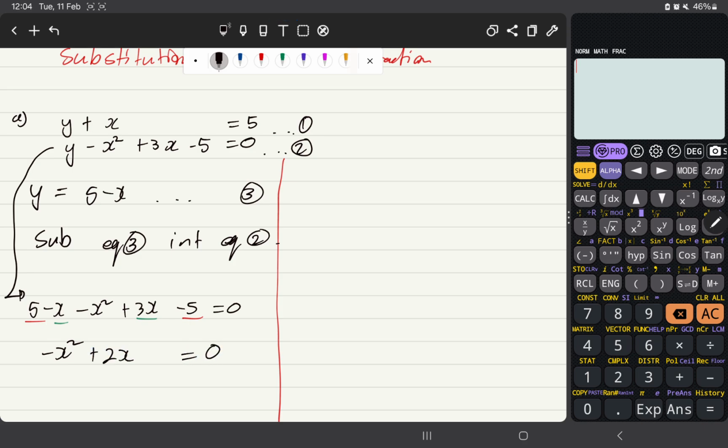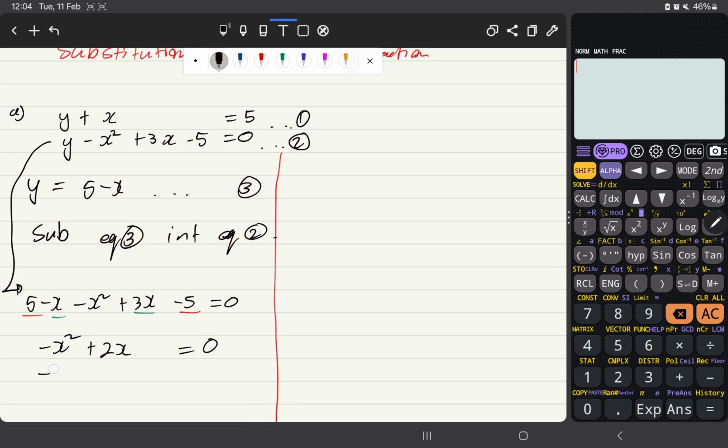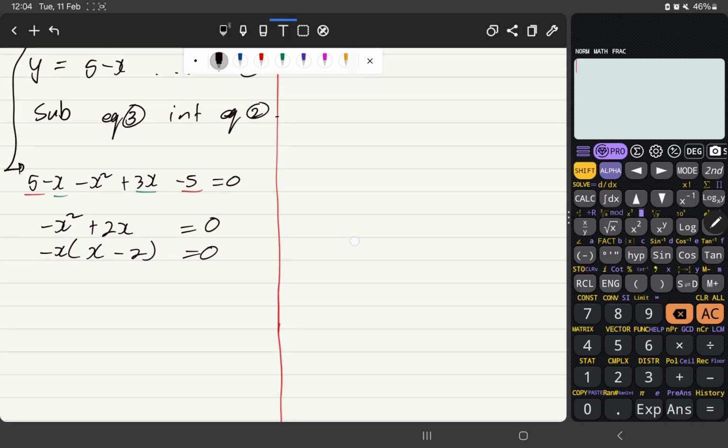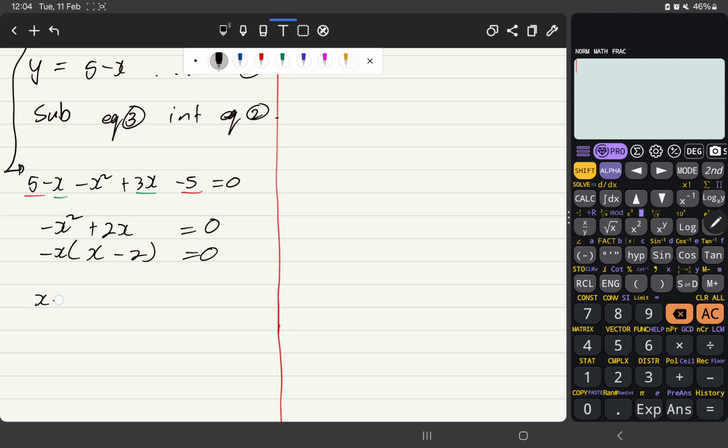This equals 0. Now I have a common factor, which is negative x. I take it out, then I have x minus 2 equals 0. And now I can already see that x equals 0, or x equals 2. Maybe if I take it step by step, this will be x minus 2 equals 0, x equals 2.